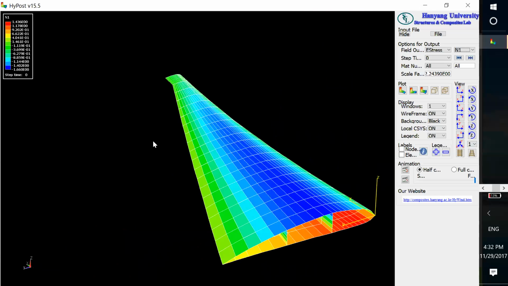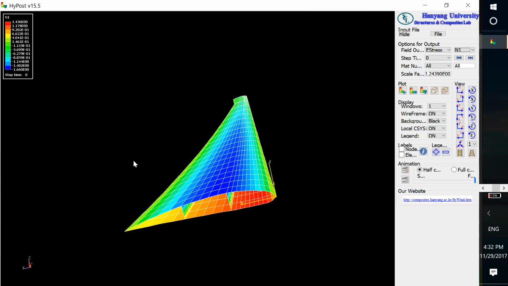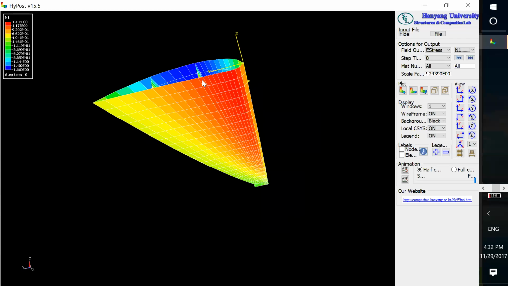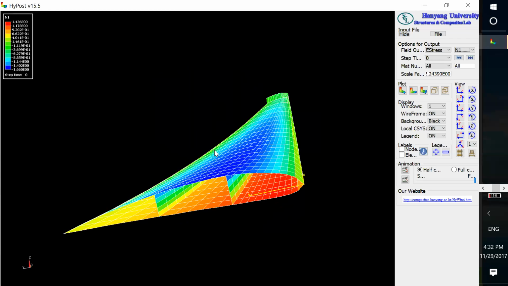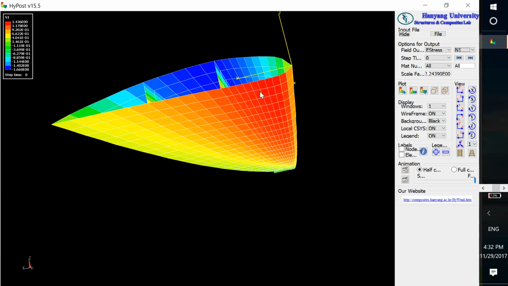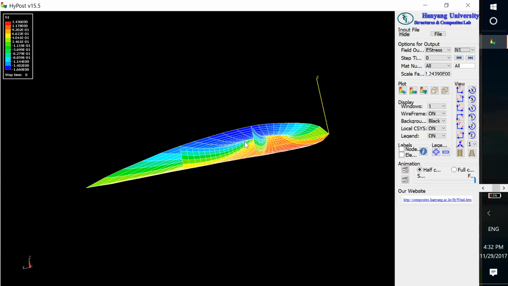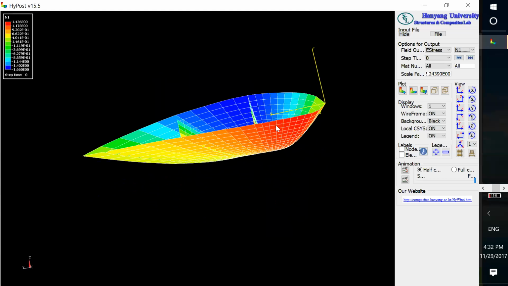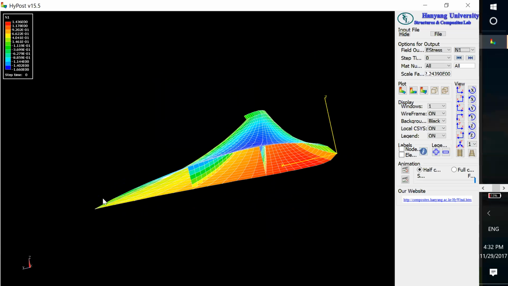You don't know exactly the numbers, but you understand why the bottom is tension and the top is compression, and why here is the maximum, why there is a maximum. Can anybody tell me why maximum here, maximum there? See, the neutral axis is somewhere.